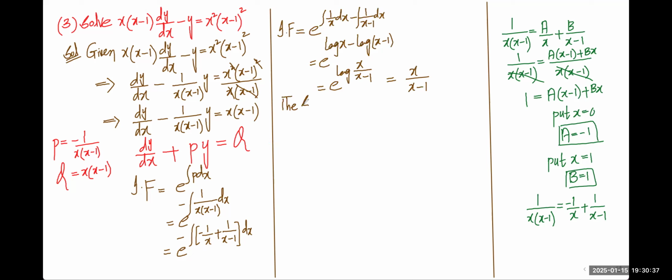Simply write down the solution. The solution is y into integrating factor is equal to integral q into integrating factor dx plus c. The y value is the same, the integrating factor is x by x minus 1.